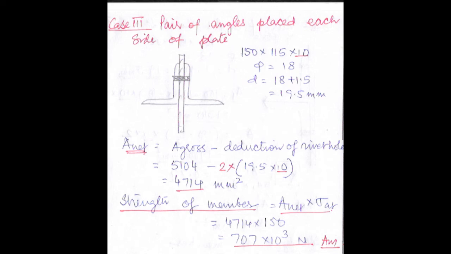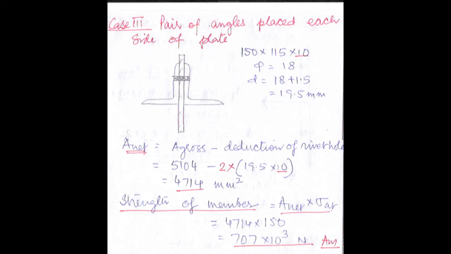Formula is the gross area minus the area deduction for the rivet hole. What is the gross area? That is given, 5104 millimeter square, minus deduction of rivet holes. So how will we deduct the area due to the rivet hole? See, 2 multiplied. Why have I multiplied 2? Because it is the pair of angles.